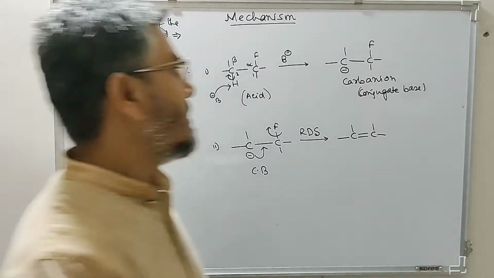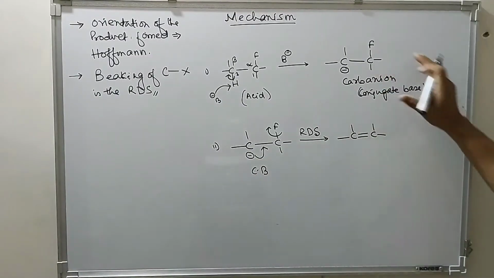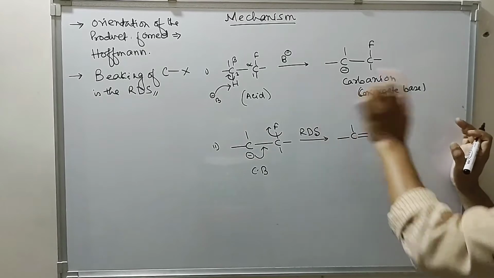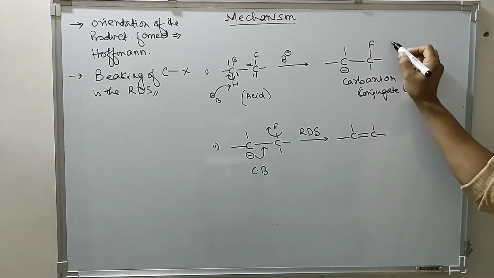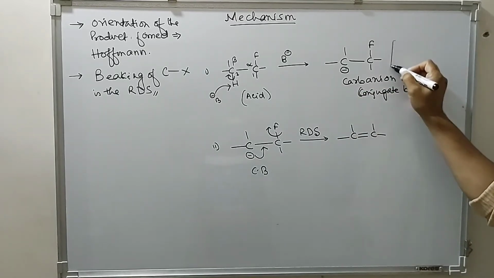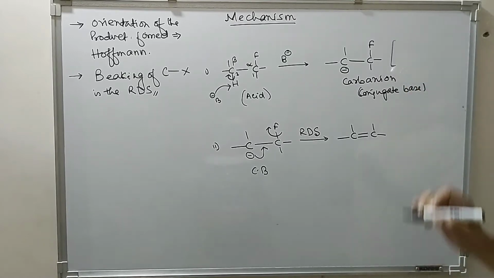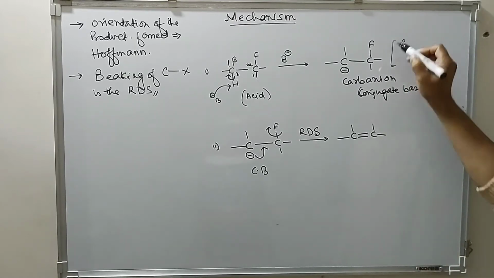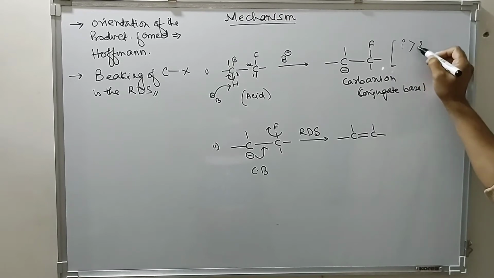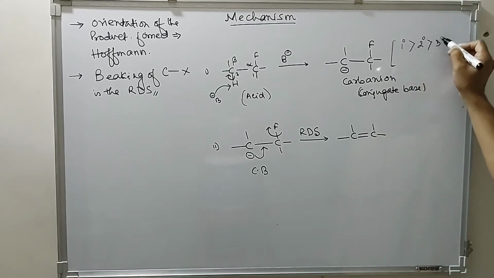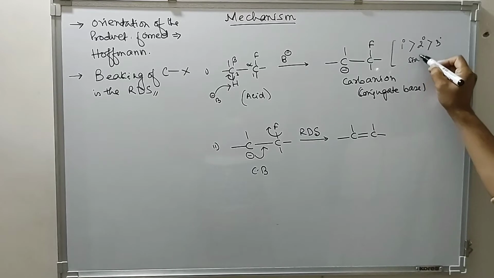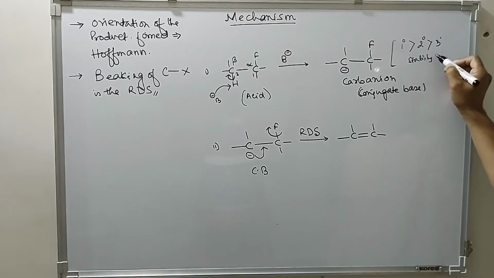So now look at this, in the intermediate there is a formation of carbanion, and if you look at the stability of carbanion that we have discussed in the 11th class, the stability order of carbanion is primary carbanion is the most stable, followed by secondary, followed by tertiary. This is the stability order of carbanions.